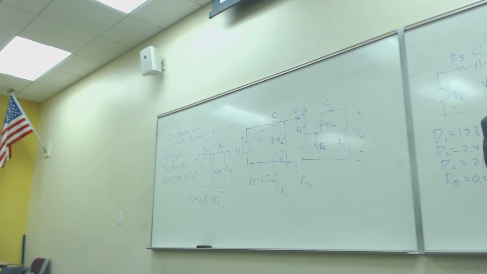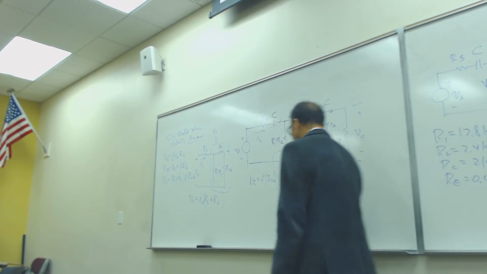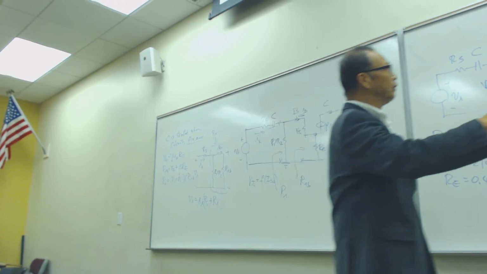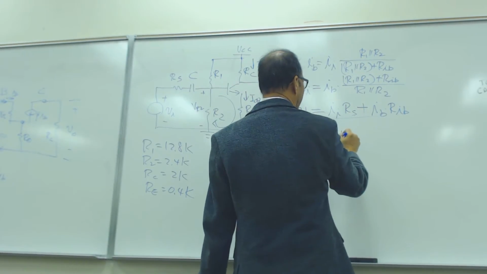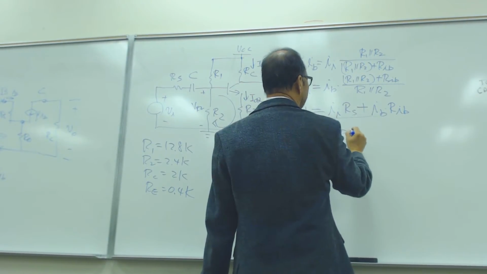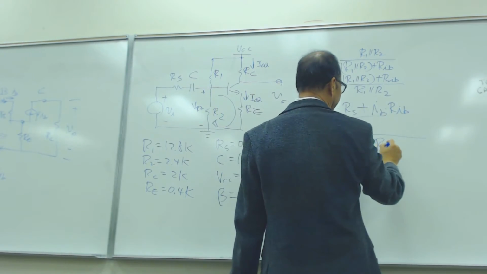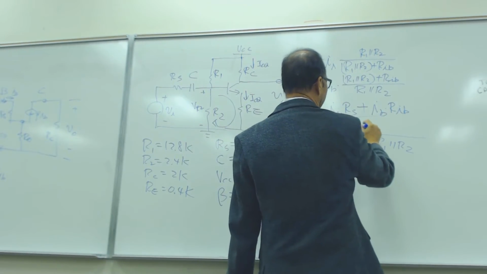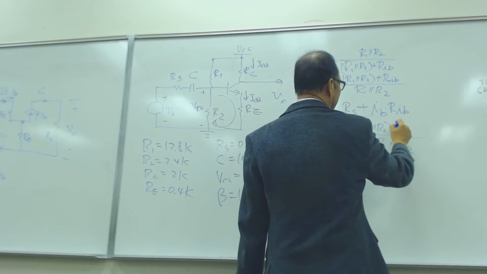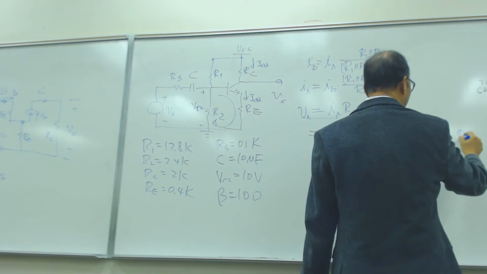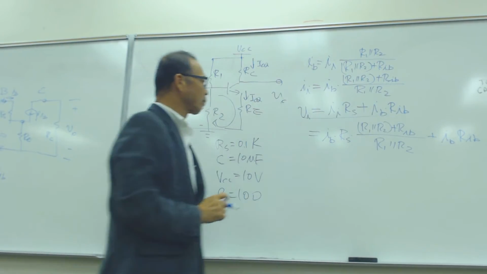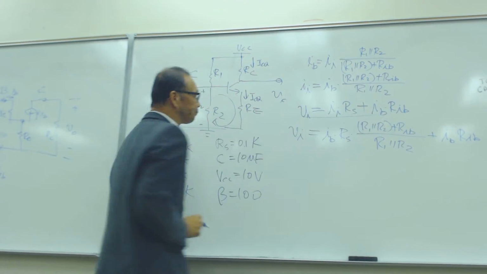If you use this one, then it is I sub B times R sub S times that, it's a lot of algebra, plus I sub B times R sub IB.